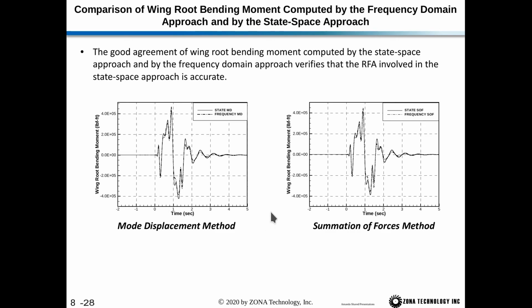So you'll use that to design the controller. So then when you do the analysis in ZAERO, you want to go ahead and use the state space analysis to verify that you get the same answer as you expect, but then you also want to do the frequency domain analysis because that is the more exact method, and then that will also once again verify that you have a good RFA.